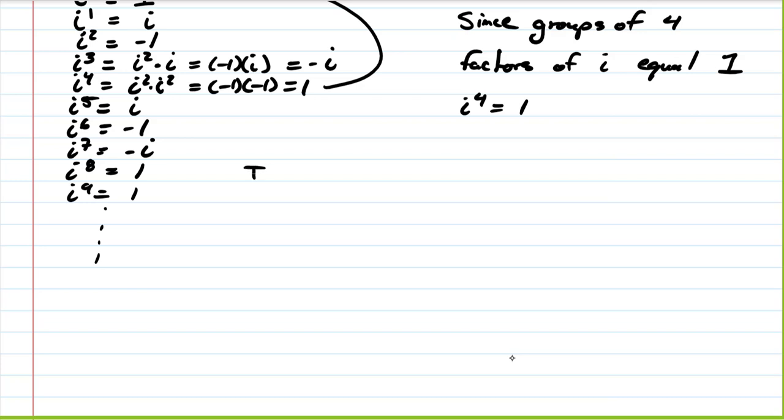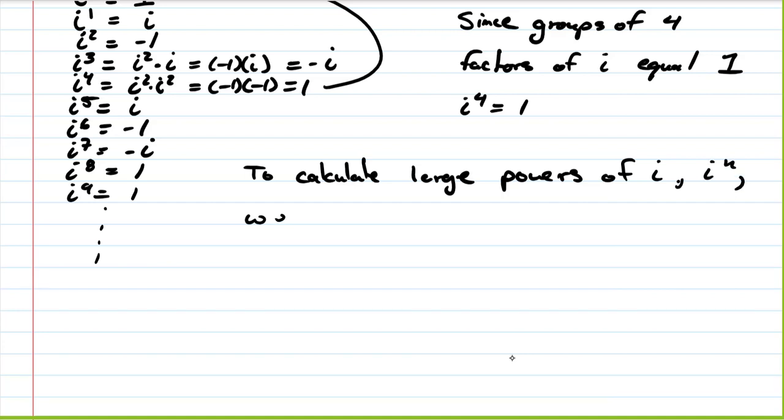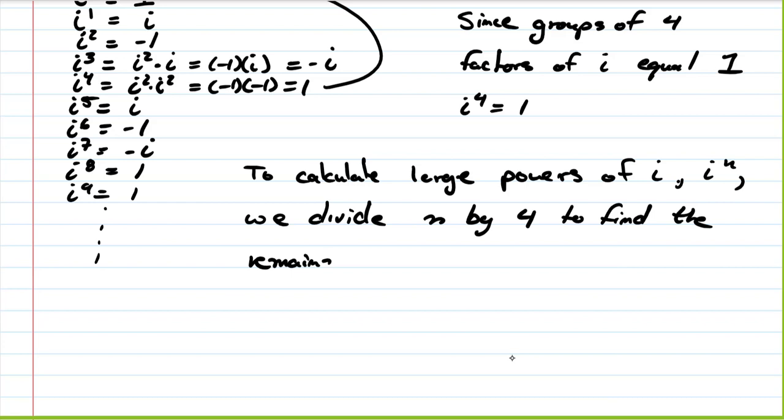To calculate large powers of i, so i to the n, we divide n by 4 to find the remainder, r.